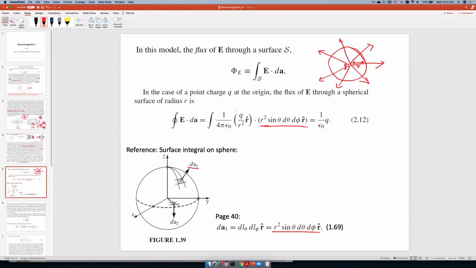So finally, if you do the integral, you will have the value to be simply Q over epsilon 0. So the final equation is that the flux equals Q over epsilon 0.